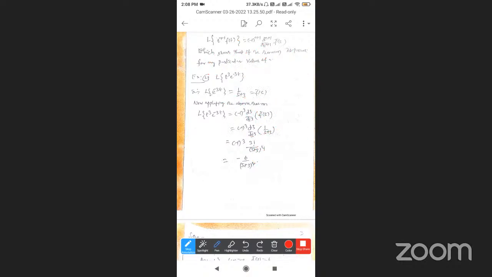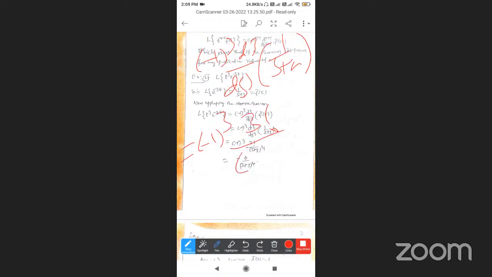Actually, the nth derivative of 1 by s plus a has the formula n factorial by s plus a whole power of n plus 1. So minus 1 whole cube d cube by ds cube of 1 by s plus a is minus 1 whole cube 3 factorial by s plus a whole power of 4.